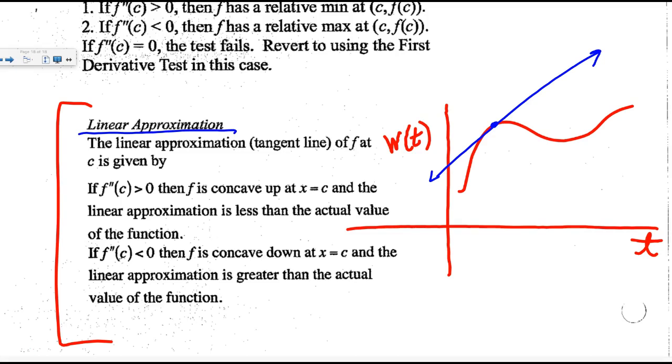And as long as we stay close to the point of tangency, our error won't be very great. But as we veer away from the point of tangency, it's pretty high. So a lot of times they'll take this tangent line at, let's say, 2, and they'll say use the tangent line to approximate what's happening at 2.2. You'll be hardly moving away.